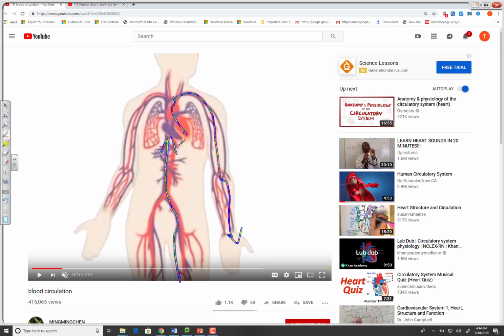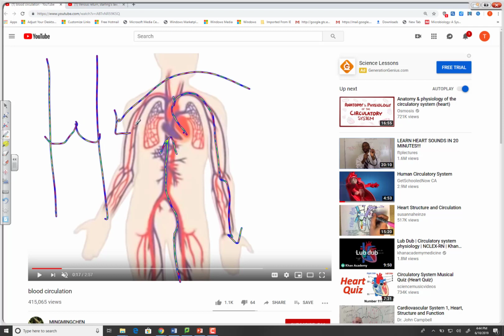Well, what do veins have? You better write this down. Veins have inside them one-way valves. Where are the largest veins of your body that store extra blood?